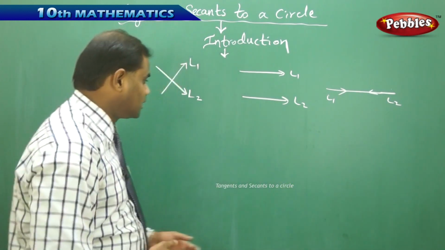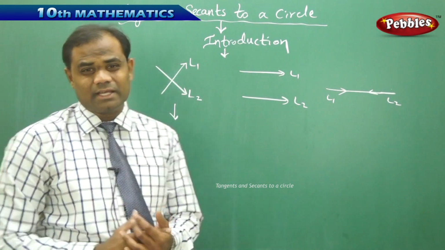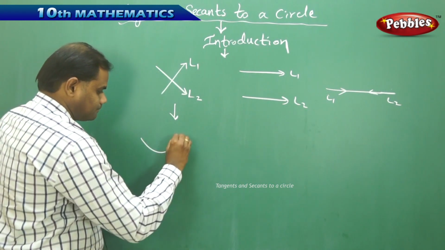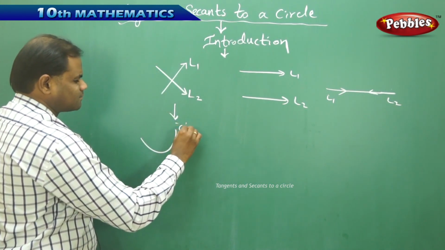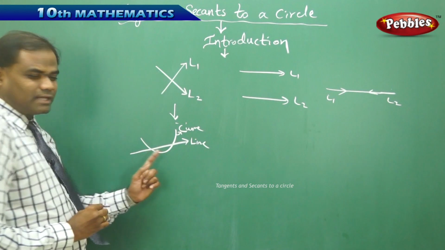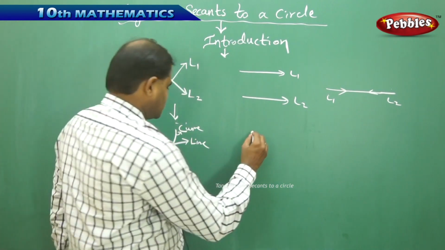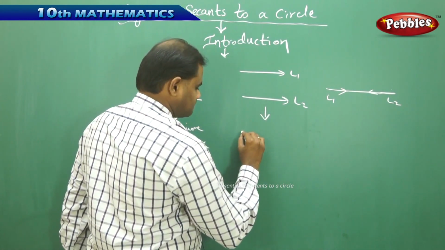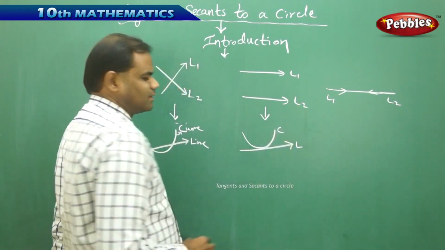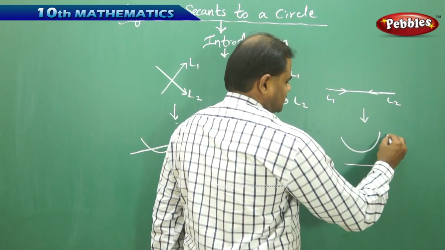Say for example, if I have a curve, so this is the curve C, then the line is either going to be intersecting, in this case we say the curve is intersecting the line, or touching, in this case we say the curve is touching the line, or in this case we say the curve and the line are non-intersecting.